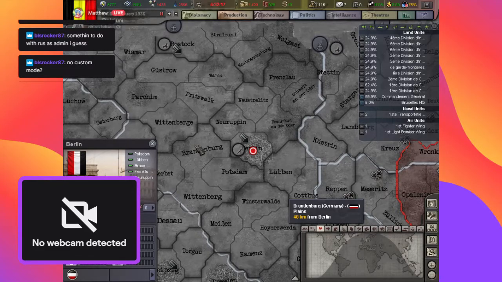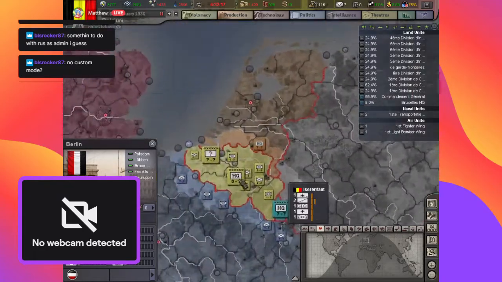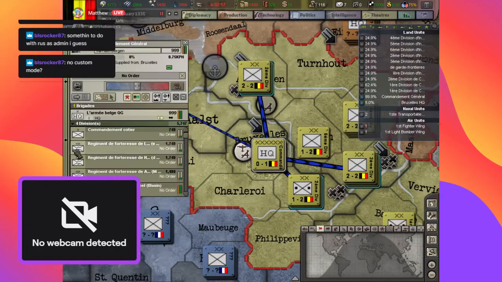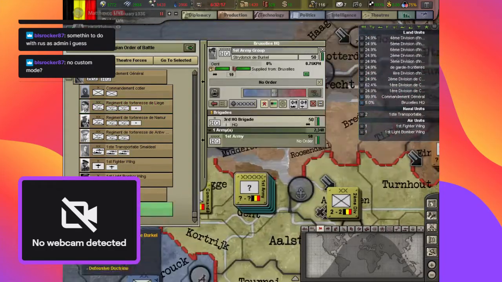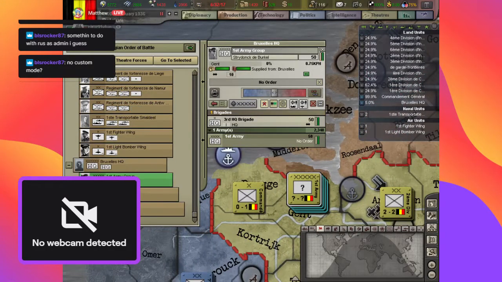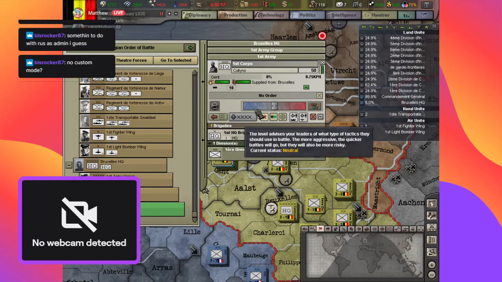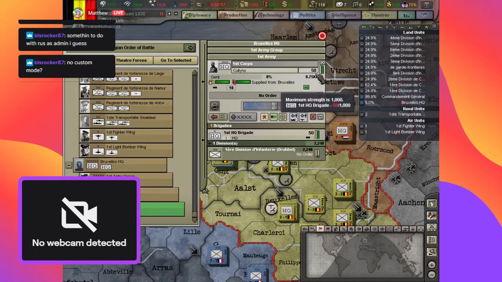One of the things you would have to deal with is, let me find the corps since I just built it. Bring this up. Okay, I'm trying to find where it says the distance.